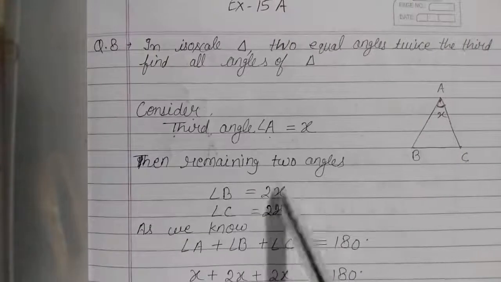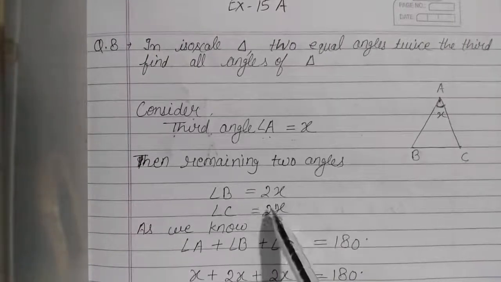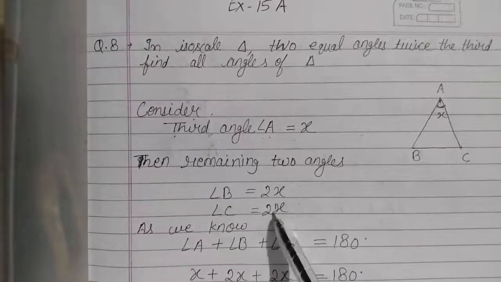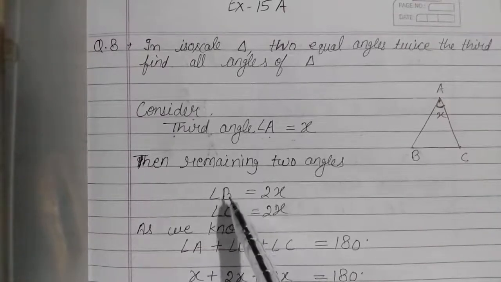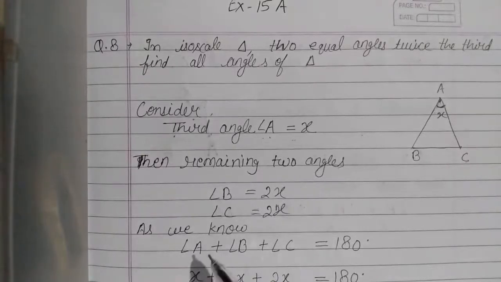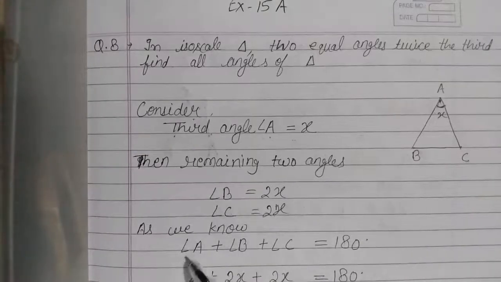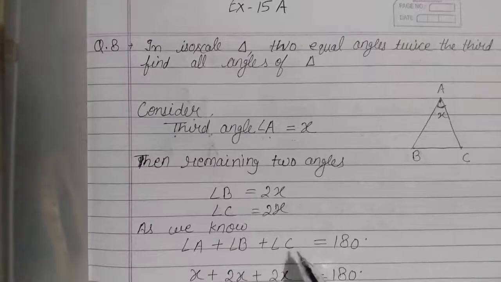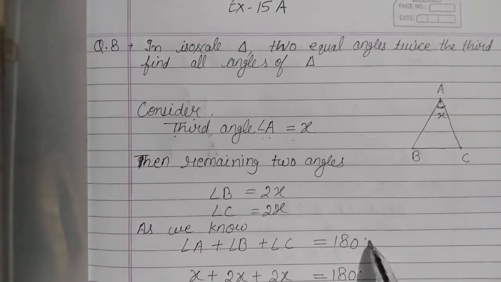Why are we considering both 2x? Because it is given that these are twice the third angle, and because this is an isosceles triangle, B and C will be equal. Now we already know that in any triangle the sum of all three angles is always equal to 180 degrees.